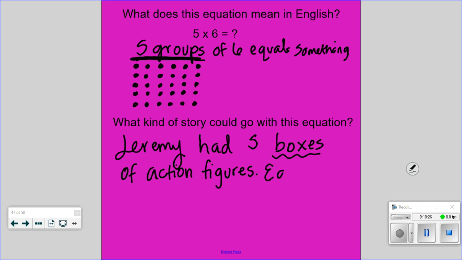How about each box had how many action figures, Braden? 6. 6 action figures. Like in this problem, did we know the total number of action figures? Did it tell us?